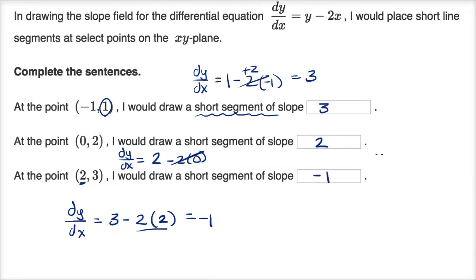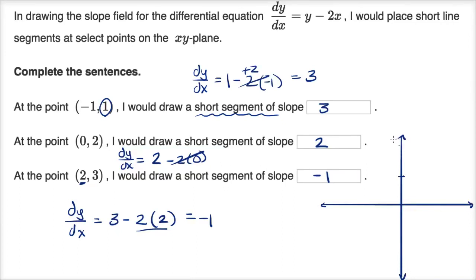Now, if we actually had to do it, it would look something like, I'll try to draw it real fast. So let's see, let me make sure I have space for all of these points here. So that's my coordinate axes. And I want to get the point 0, 2.